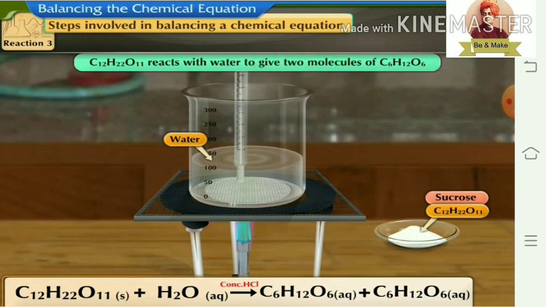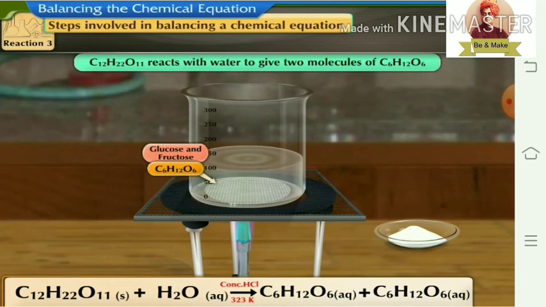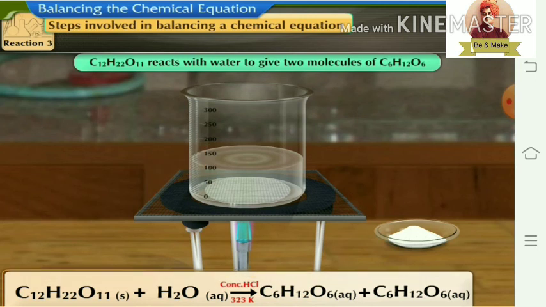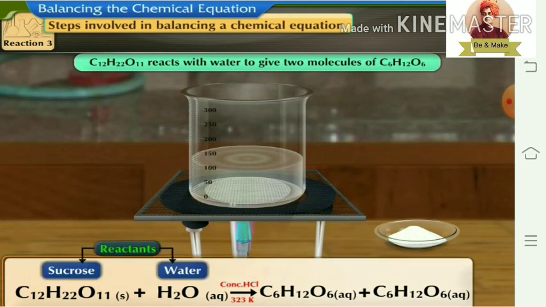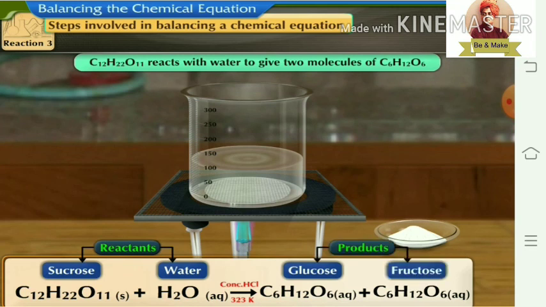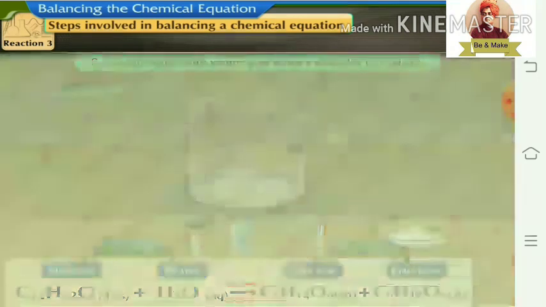Sucrose C12H22O11 is added in water, it is heated, we get two molecules, that is glucose and fructose. Thus, sucrose and water are the reactants and glucose and fructose are the products. These are written at the right hand side.